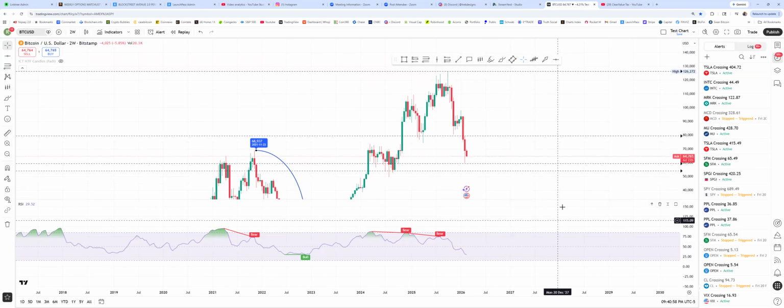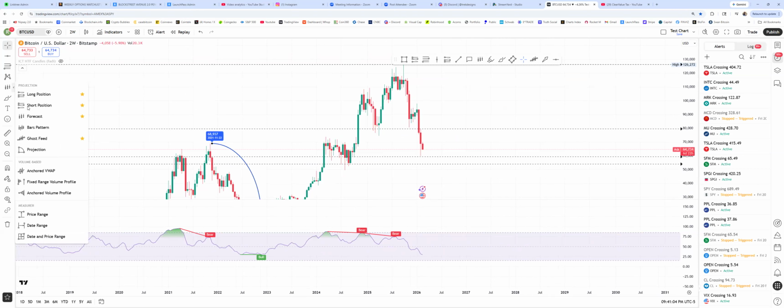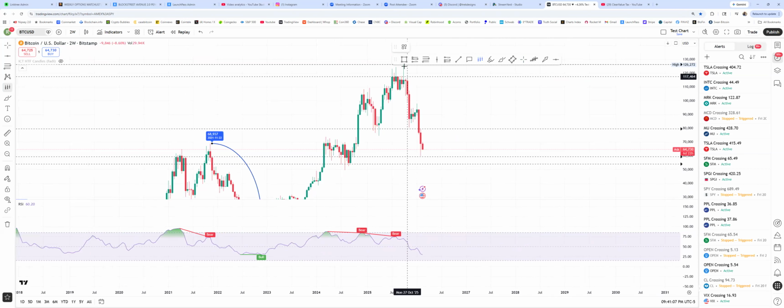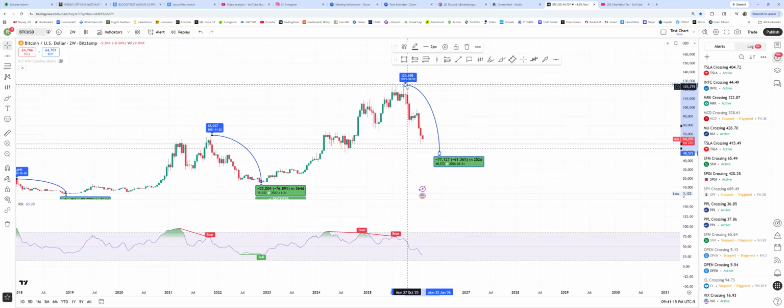Let's say we agree the drops are getting lower, so we shouldn't drop more than 75. But what if we drop from here and we drop 79? That would be crazy. That would be wild, man.